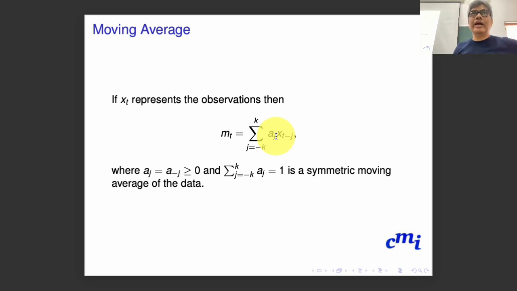Generally you can take 1 over 2k plus 1, that will be simple. aj could be 1 over 2k plus 1, that will give you the simple mean. But not necessarily you have to always take 1 over 2k plus 1. If you want, you can give slightly less weight to the ones which are further and slightly more weight to the ones which are closer to the tth time point, so that you get a much more meaningful mean.